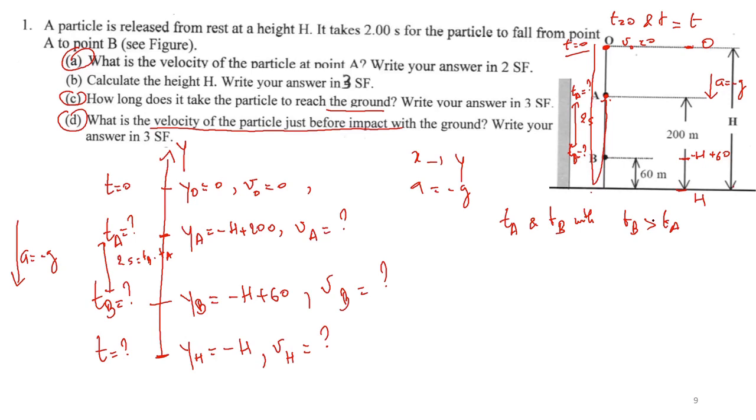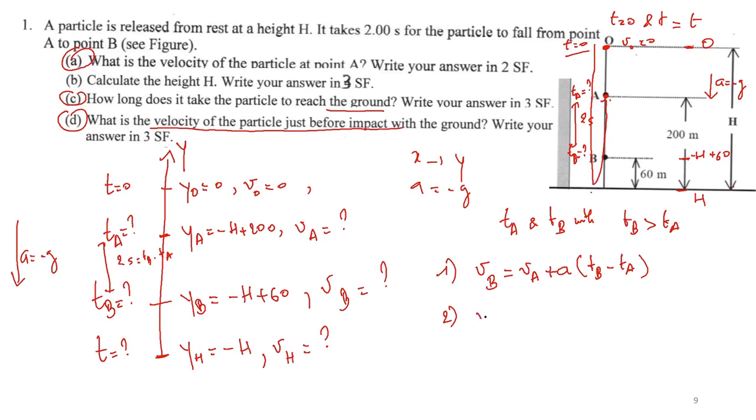Between any 2 points, I can say that VB, which is V at time B, is equal to VA plus A (TB minus TA). Of course, A here is minus G, right? So this is the first equation. Write down this equation here. V at time B is equal to V at time A plus A, the difference of times.